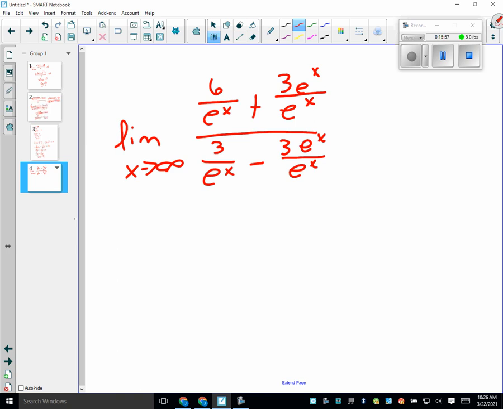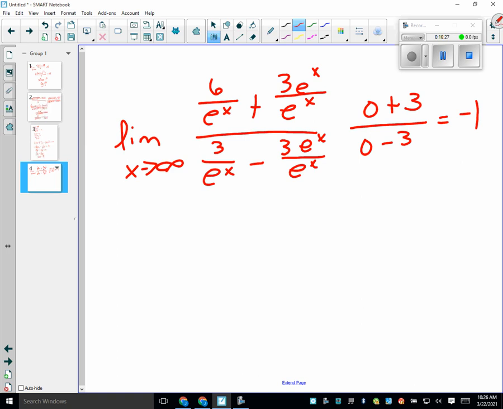So I have 0 plus, what is this? 3. 3 over, what is this? 0 plus 3. Minus 3. So is this -1? Yeah. That's my first asymptote. So how is that any different? Well, it wasn't. The next part is what's different.